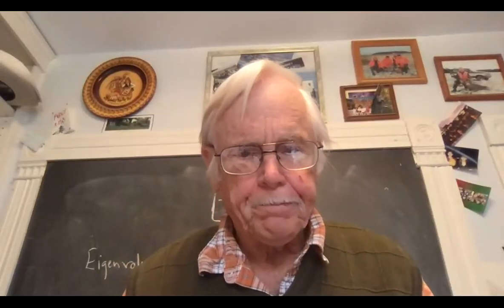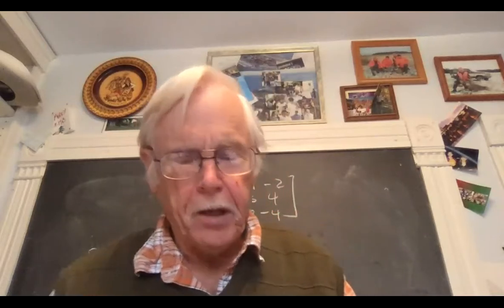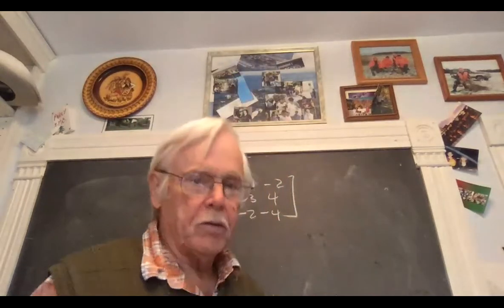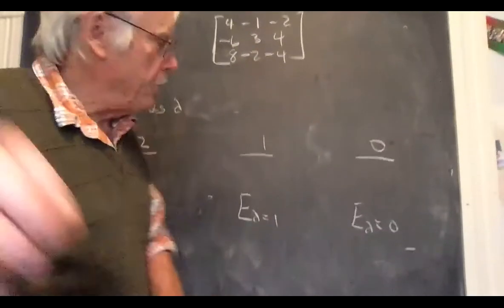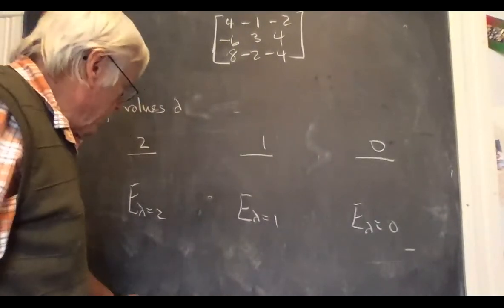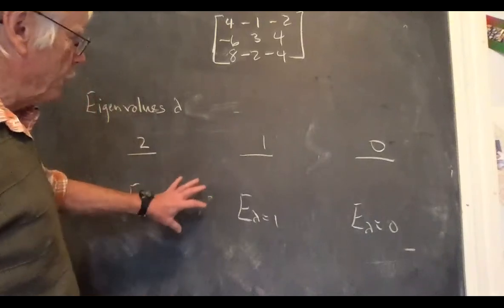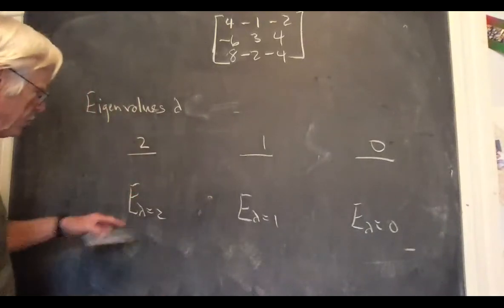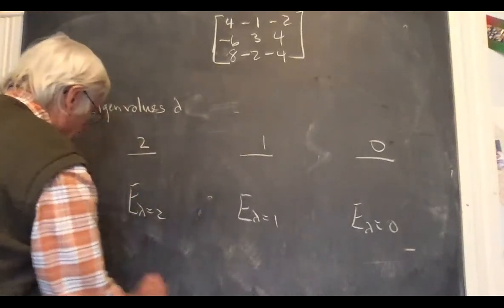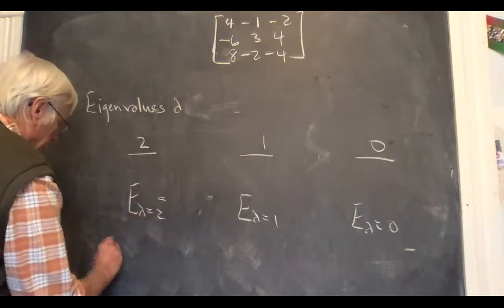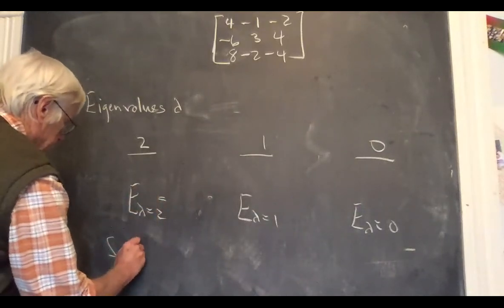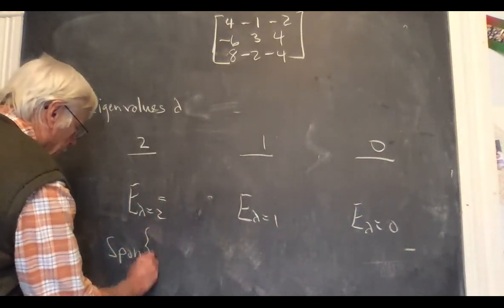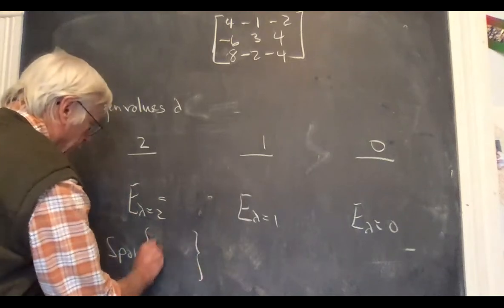Okay, we're back. I hope. So let's record this information. We have bases for the three eigenspaces now. E sub lambda equals 2 will be equal to the span, all multiples of that very first vector.